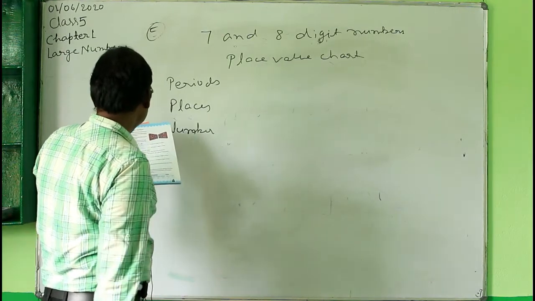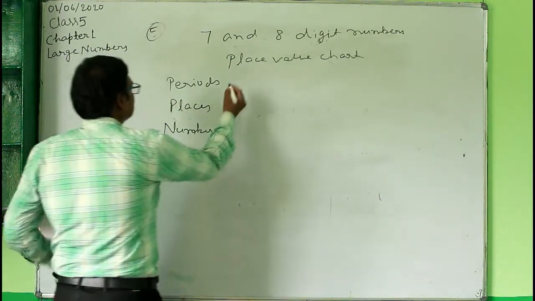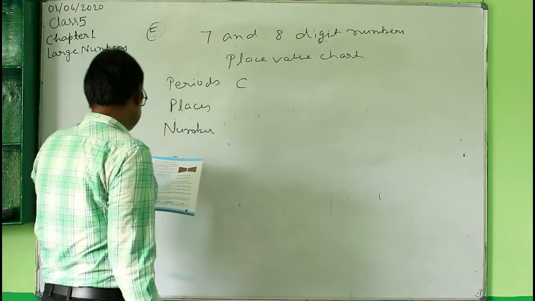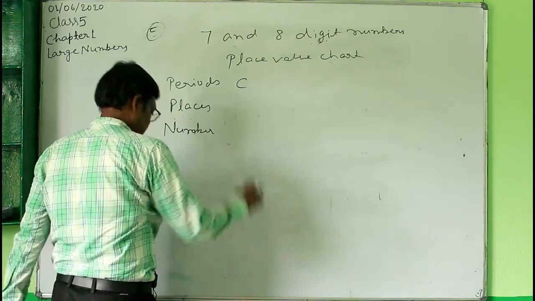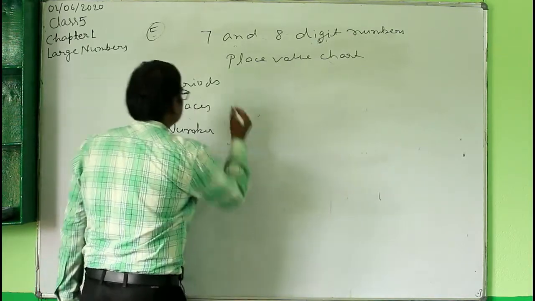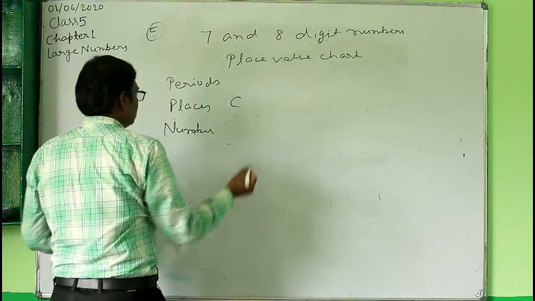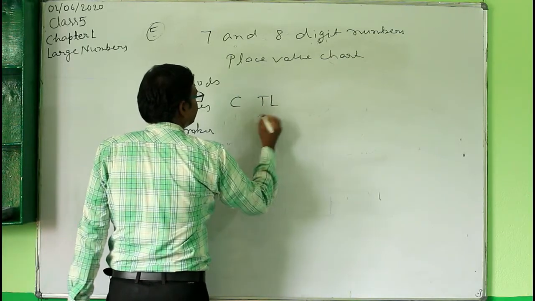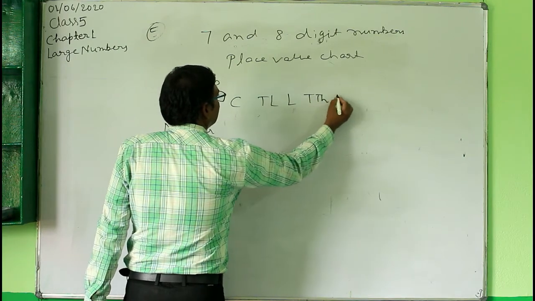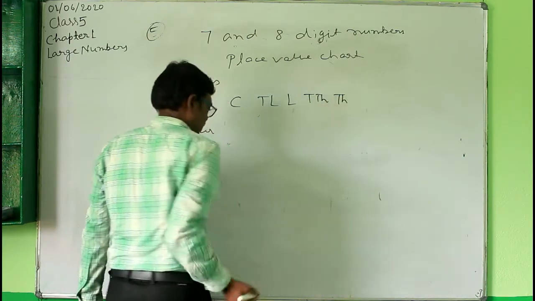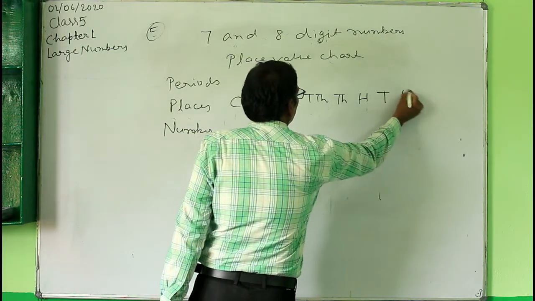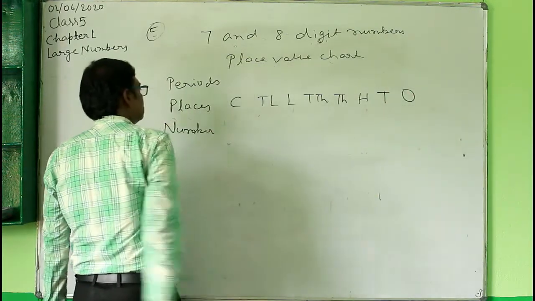If you have a 7 digit number, you will start with crore, C means crore. This is actually the place value, not the period here. The places are crores, then 10 lakh, lakh, 10,000, thousands, then hundreds, tens, and ones. These are the places here.